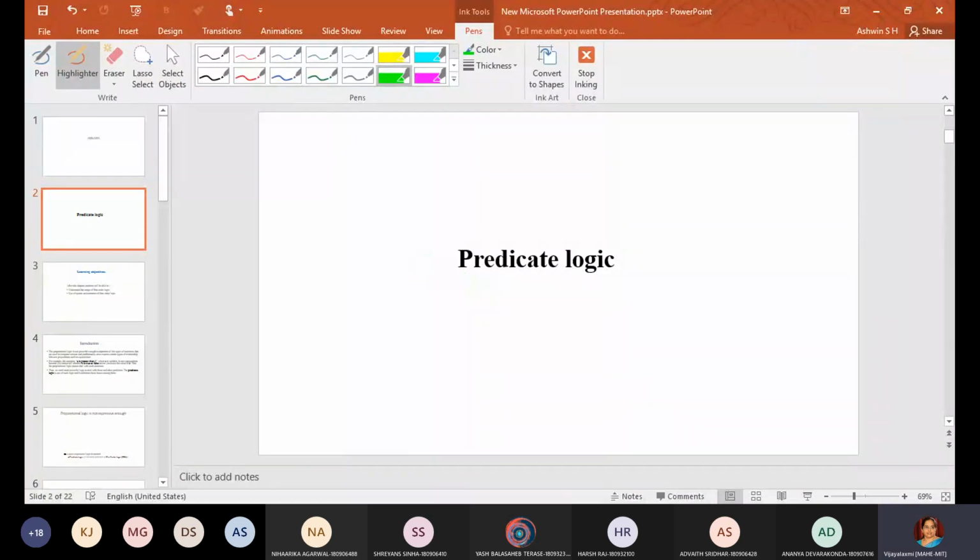Today, let us discuss predicate logic. In our last class, we discussed propositional logic, with which we could validate certain conditions.